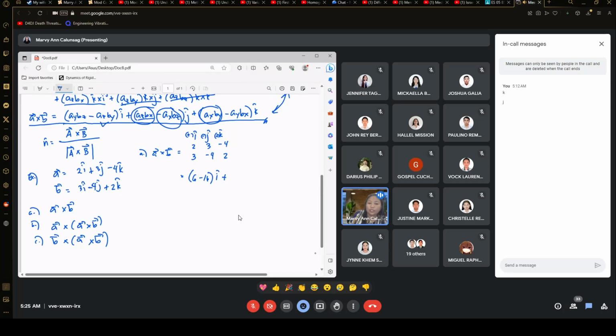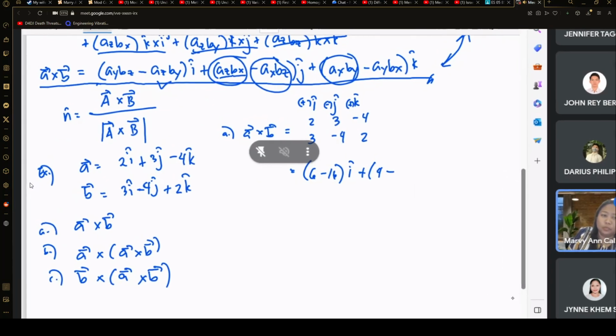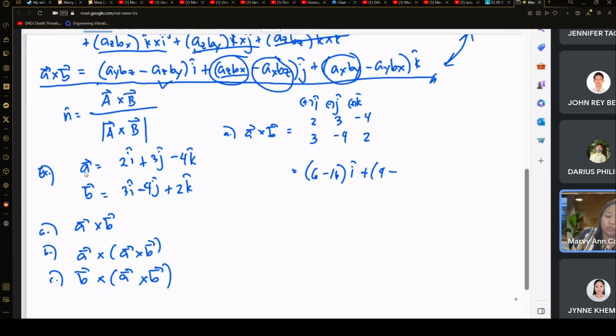Now for the second, for J, let's imaginary delete the elements of the second column. So that is 2 times 2, 4, minus 3 times negative 4. So 3 times negative 4, that is negative 12. Negative times negative, so that would be positive 12. By the way, I was wrong.